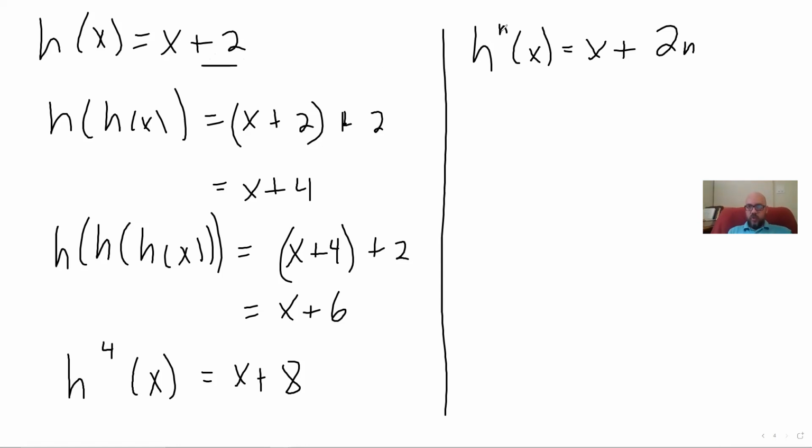When this is 2, I'm doing h 2 times, and I'm adding 4. So n would be 2, and I get 4. When n's 3, I'm adding 6. When n's 4, I'm adding 8. And so this is the general formula for doing h n times to something.